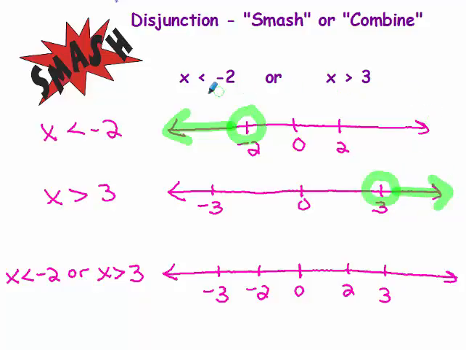If I could pick up this first graph and smash it onto the second graph, your final answer would be X is greater than 3 or X is less than negative 2, showing both parts on one graph. Now, this is the most typical looking disjunction graph. We're going to talk about 2 others.